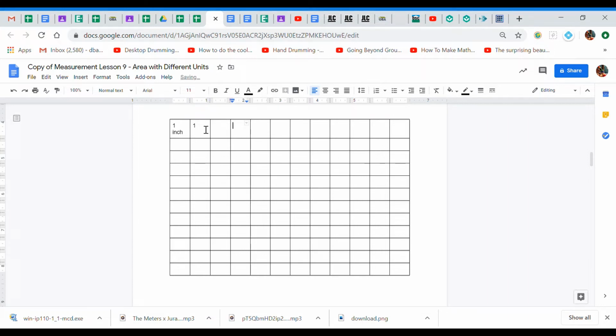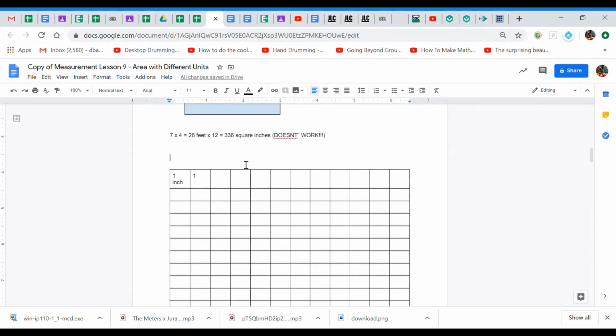If I count all these up, 1 square foot is actually 144 square inches. And that has to do with the fact that a square is 2-dimensional instead of 1-dimensional. So 1 square foot is 144 square inches. So you could do your old answer of 28 square feet times 12 equals 336 square inches, but that wouldn't work because there's 144 square inches in a square foot.